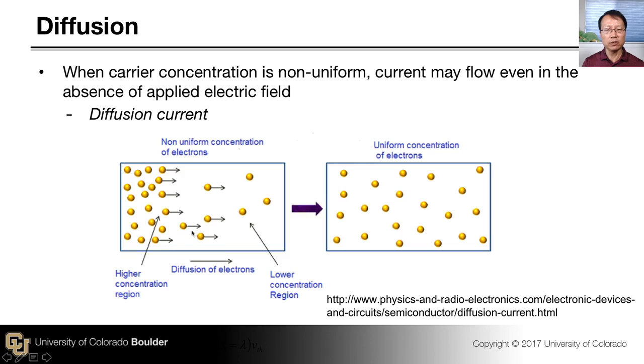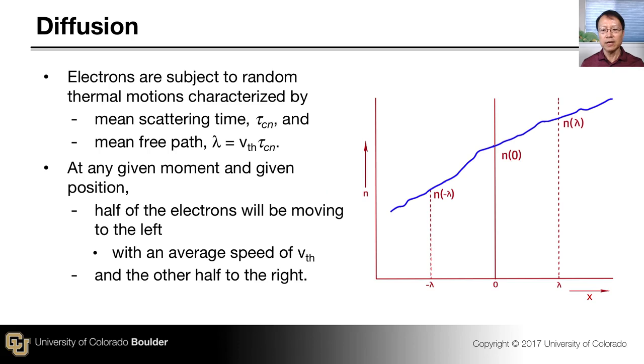This process is called diffusion, and it takes place until the entire material is filled with uniform concentration. The carrier movement induced by this carrier concentration difference leads to a current, and this current is called the diffusion current.